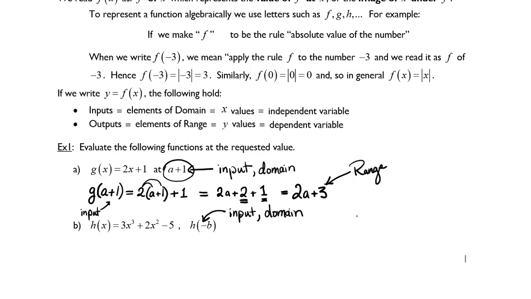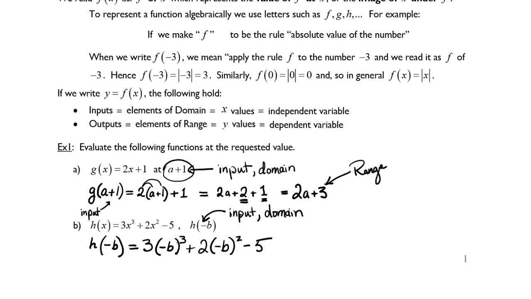Notice how the notation is slightly different, but it means exactly the same thing. We will rewrite h of x as h of negative b, and wherever there was an x in our original function, we will do a substitution with parentheses around the x and substitute a negative b in its place.